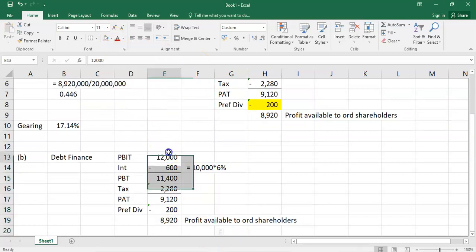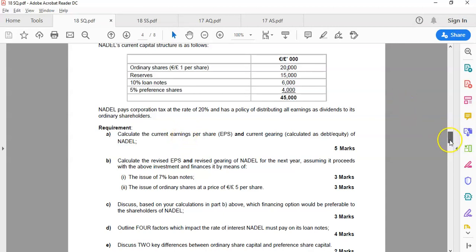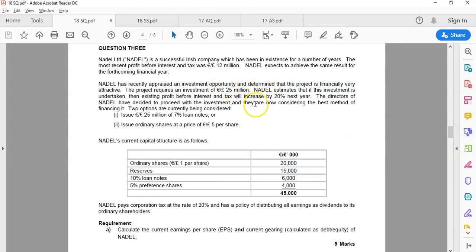So first thing is your profit before interest and tax is growing by 20%. So it's growing by 20% because you're told that in the question, if they make this investment of 25 million, profit before interest and tax next year will grow by 20%.